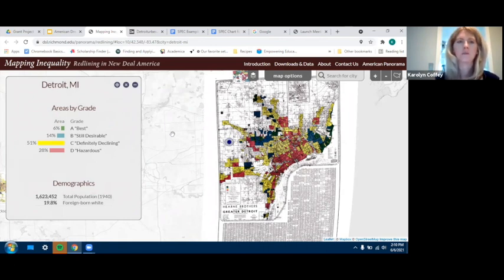These maps come from the 1940s, but it's interesting later on in the unit to compare these maps to what communities look like today in 2021. We still see the clustering of certain races living in certain areas.